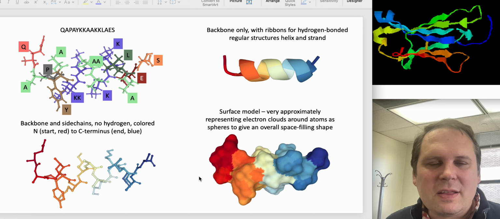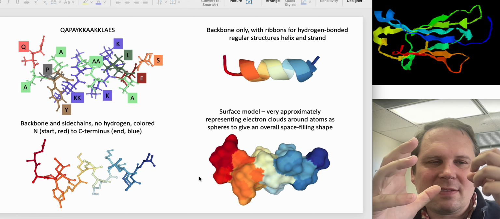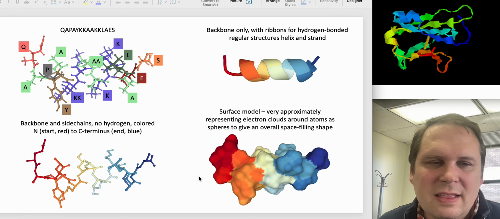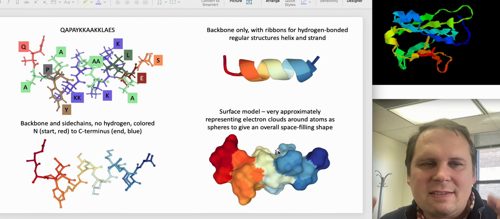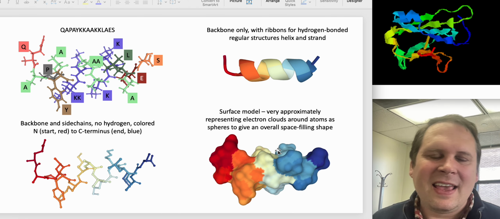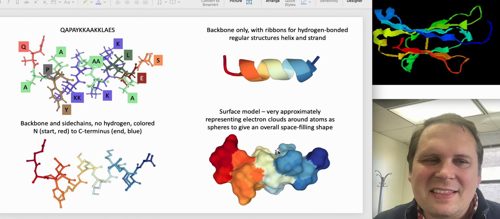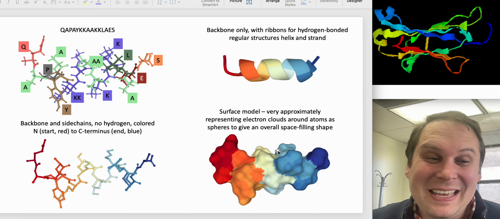Proteins fit together, and substrates fit into proteins, just like little puzzle pieces. And this is kind of the shape that the puzzle pieces are seeing as they're fitting in, or at least this is an easy way to visualize it that I think makes sense to people.